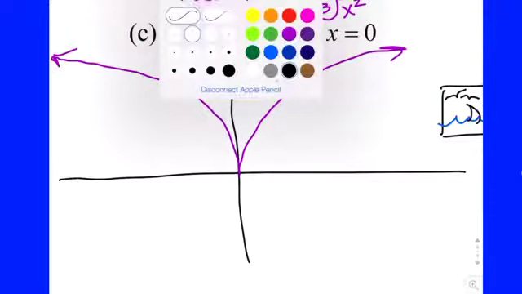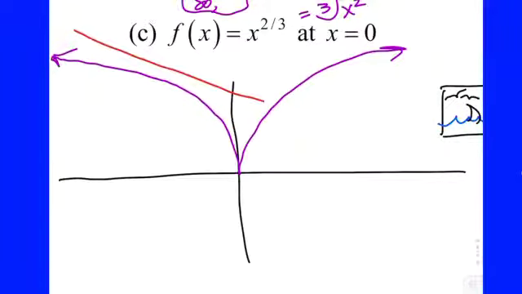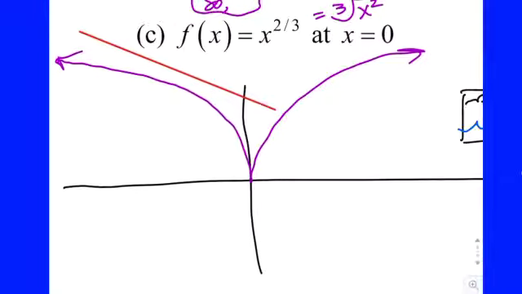But if you notice the tangent lines, let me see if I can do that again. If you drew a tangent line here, and I lassoed it so I can move it, as you surf the curve, it's a negative slope right there. And as you come in towards 0, what's the slope approaching? Negative infinity, right? Vertical.